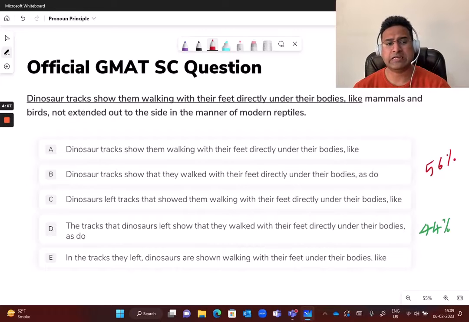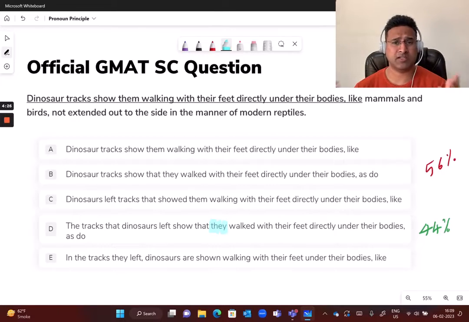If you analyze D in further detail, you will realize that the sole reason why students eliminate D is because they feel that this pronoun they has been used ambiguously. So this highlights the severity of this problem.